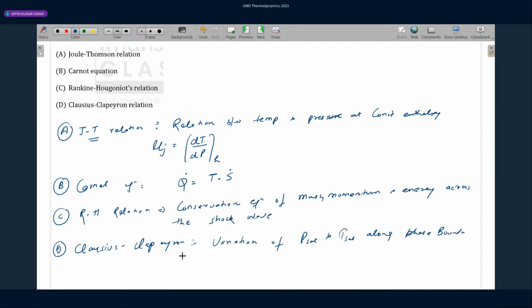So how do you give the equation? Change of pressure by change of temperature is equal to ds by dv at constant temperature. Okay, so this is your Clausius-Clapeyron equation. So the right answer is the Clausius-Clapeyron equation. Okay, got it?